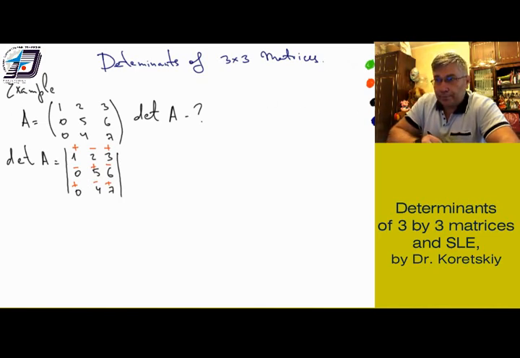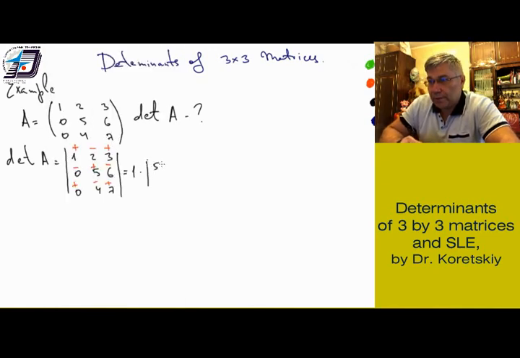So we have 1 times the determinant of 5, 6, 4, 7, minus 2 times the determinant of 0, 6, 0, 7, and plus 3 times the determinant of 0, 5, 0, 4.